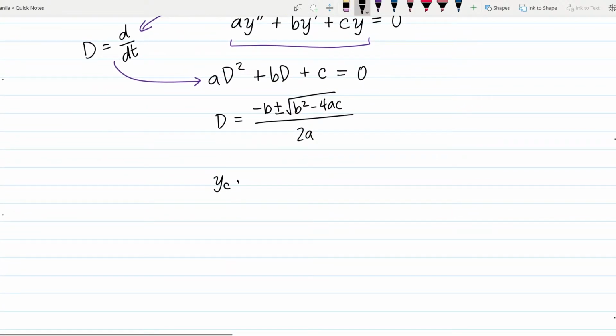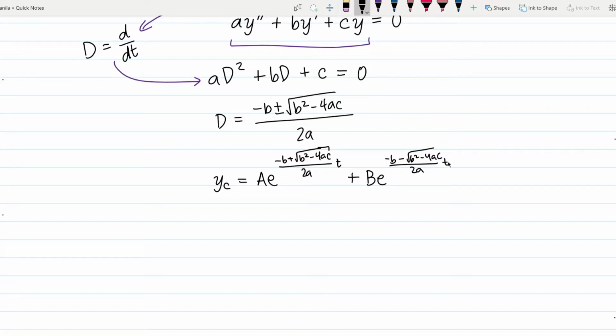The complementary solution is some constant, let's say big A, times e to the power of minus b plus the square root of b squared minus 4ac all over 2a, times t, plus another arbitrary constant B times e to the power of minus b minus the square root of b squared minus 4ac all over 2a, times t. That should be our complementary solution.